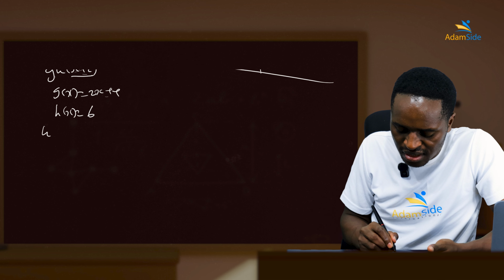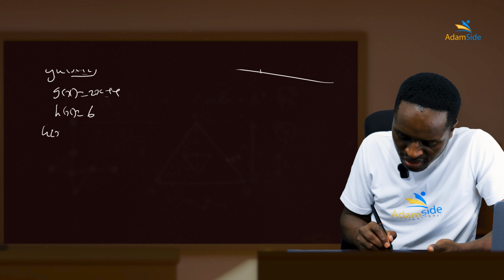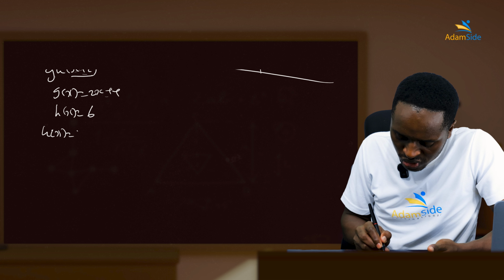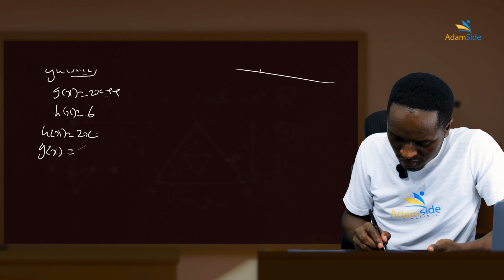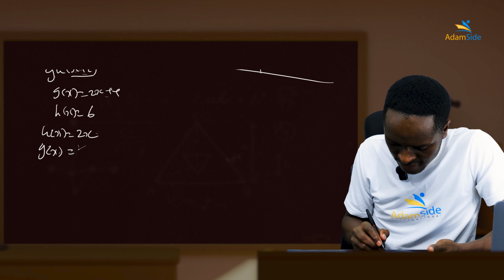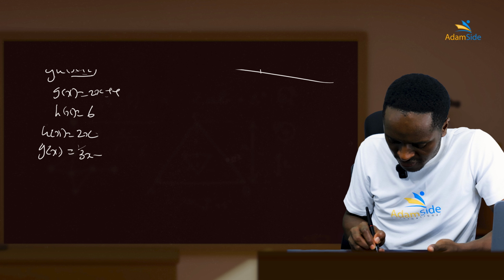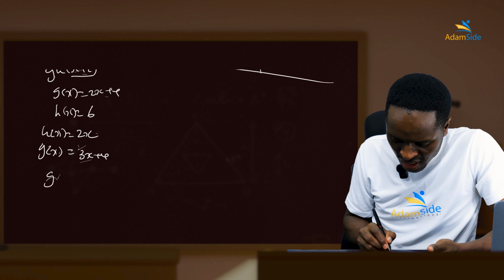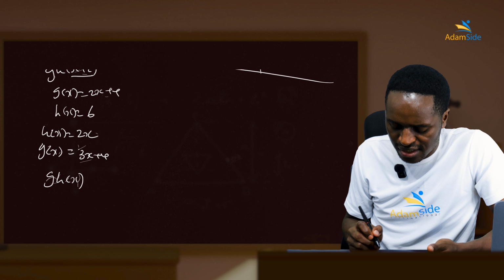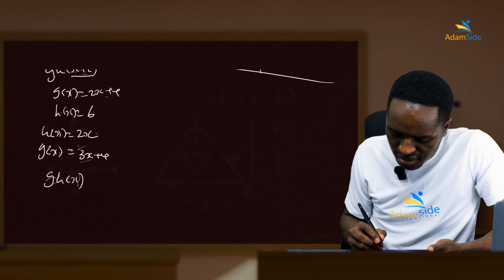Sometimes you might be given h of x is equal to 2x and g of x is equal to, let's say, 3x plus 4. Now, they say find gh of x. In this case, you just solve.